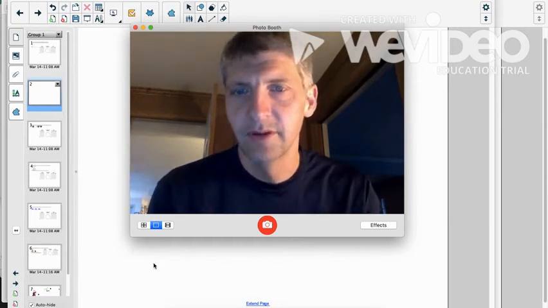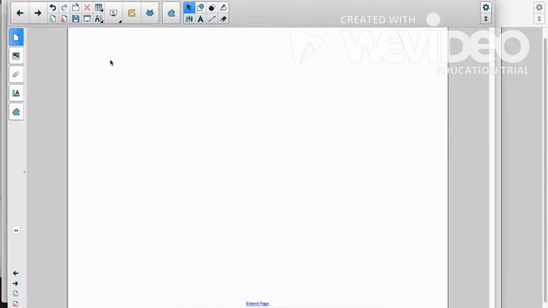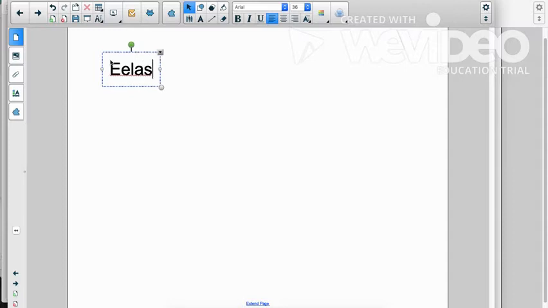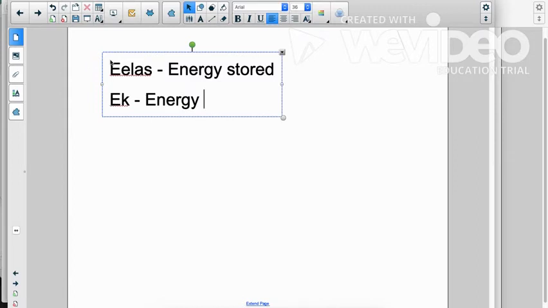So just a quick little review about energy. We have different types of energy assets. If you have a system with a spring or something stretched that wants to go back to its original shape, you're going to have elastic energy. EK is kinetic energy, if you have an object that is moving.